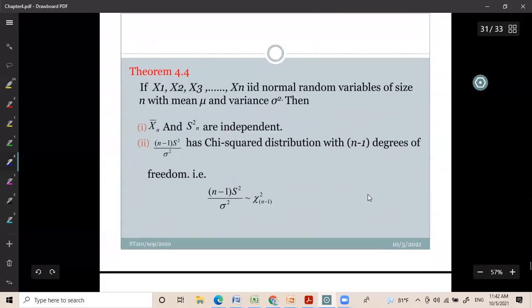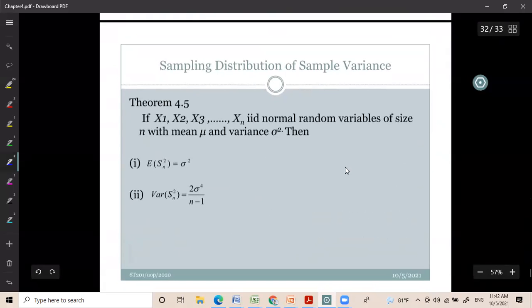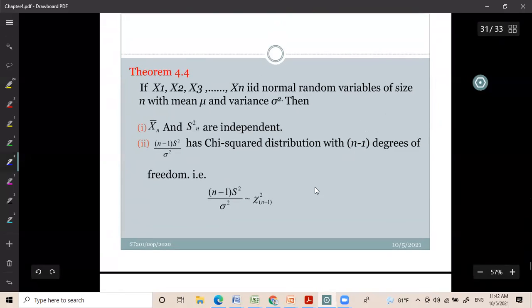We have to do a few more things. Okay, this is another theorem about the chi-square densities. When you have IID normal random variables of size n with mean mu and variance sigma square, then the sample mean and the sample variance are independent.